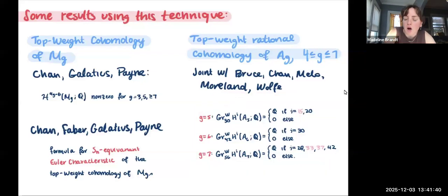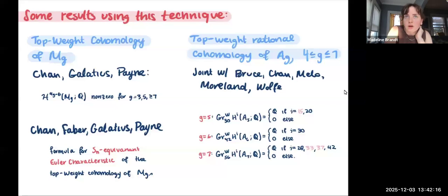People had already computed the tropical A_g^trop up to some g which is larger than 7, but the number of simplices in your simplicial complex just explodes. And since we were more or less doing these computations by hand from what was known, it becomes hard to do it after g equals 7.